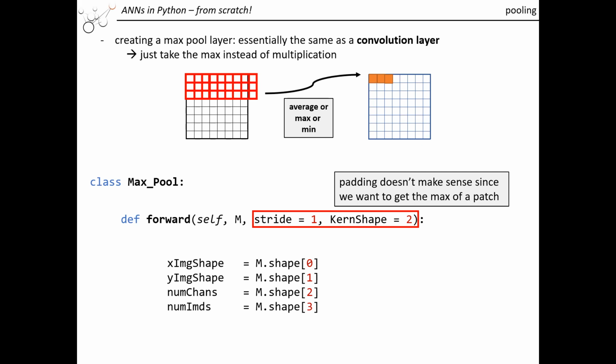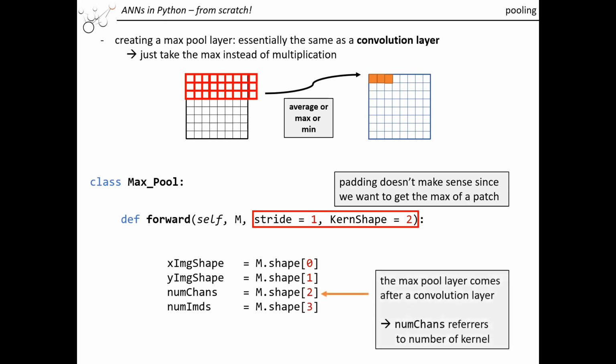Since we pass the information from a convolution layer to a maxpool layer, the maxpool layer will come after the convolution layer. Number of channels now refers to the number of kernels that have been used in the previous convolution layer.